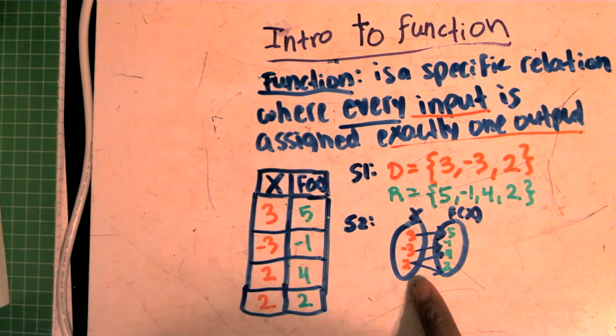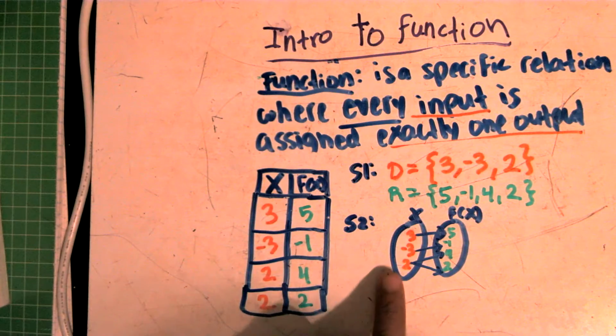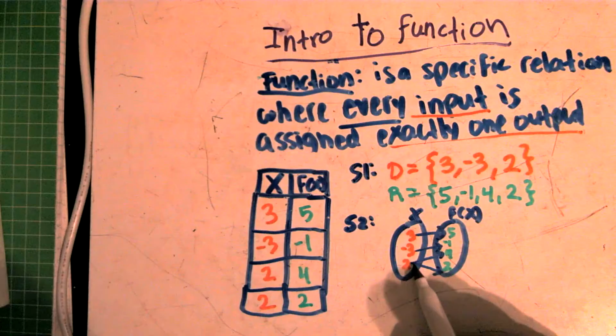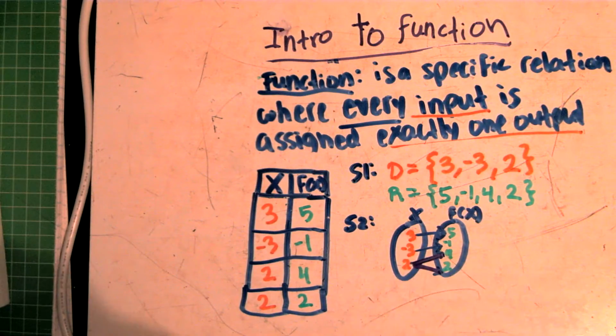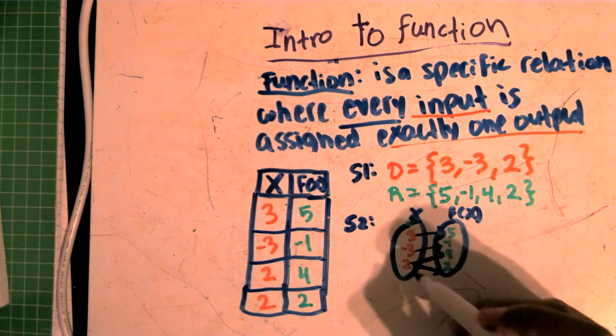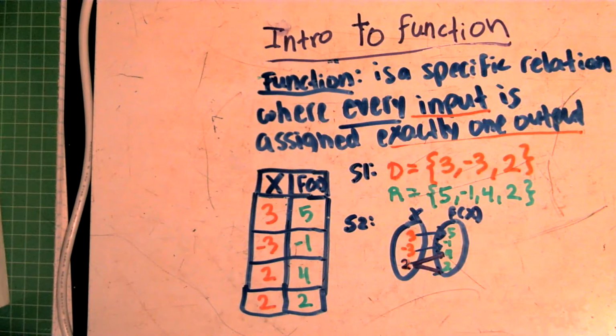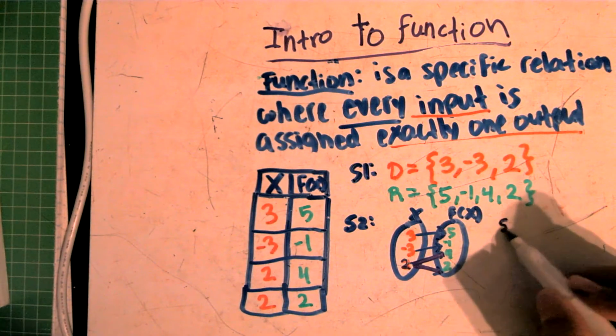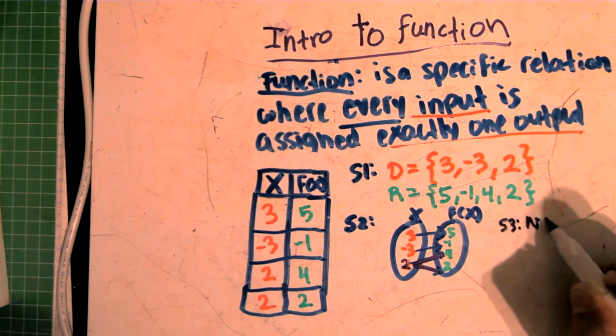However, notice that the input 2, the orange 2, has 2 outputs, as represented by the 2 arrows. Input 2 is assigned 2 outputs, 2 and 4. So because of this one input item, this relation fails to be a function. So we say step 3, no, it's not a function.